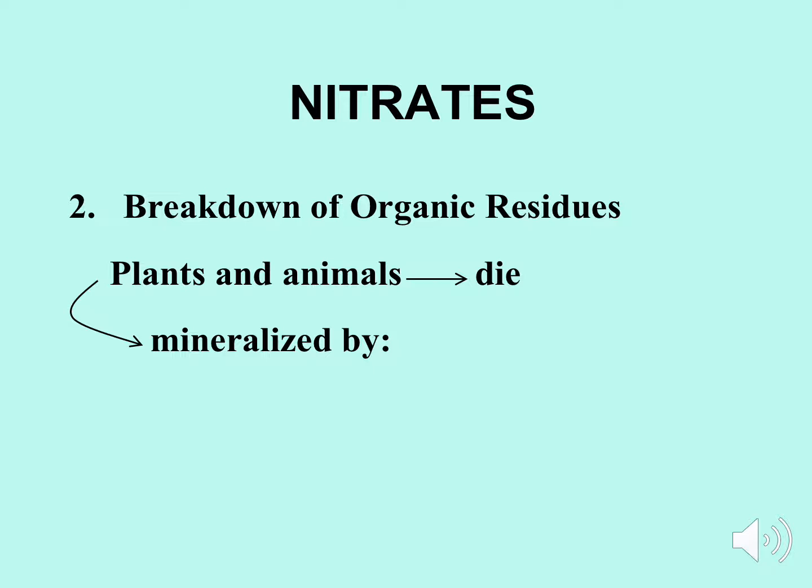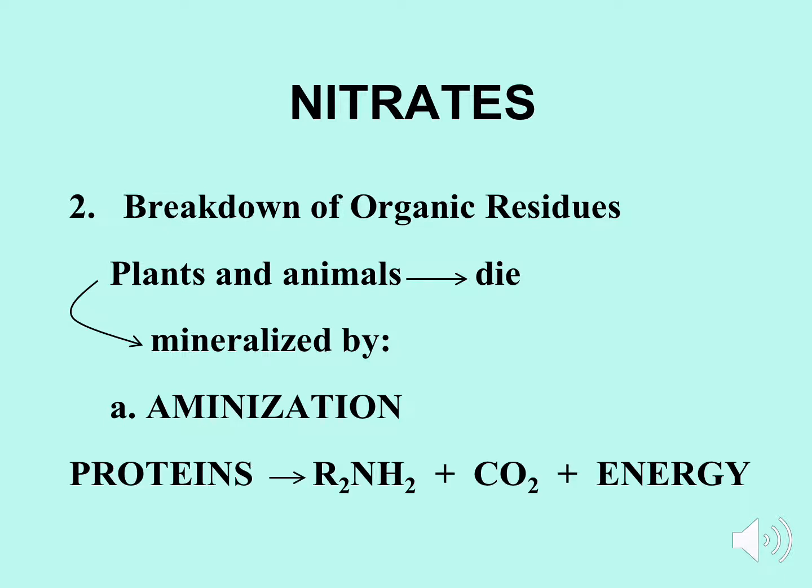mineralization. And mineralization is basically a two-step process. The first process is what we call aminization. Aminization is where our dead plant and animal bodies, which we'll call proteins, are broken down from long chain molecules into simple chain molecules. An example here would be a carbon-based compound that has an NH2 attached to it.